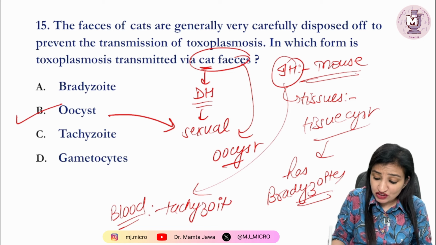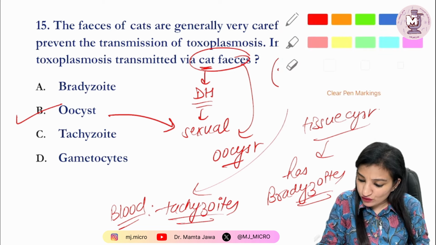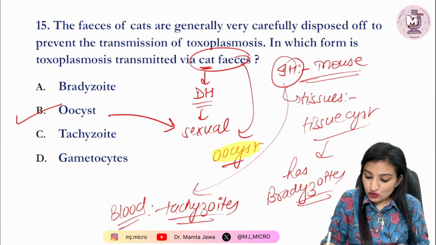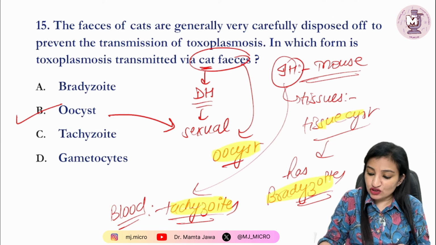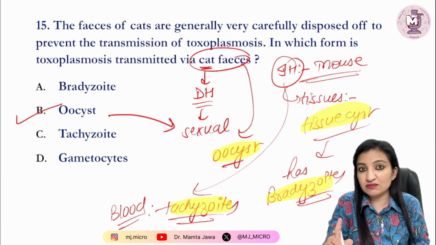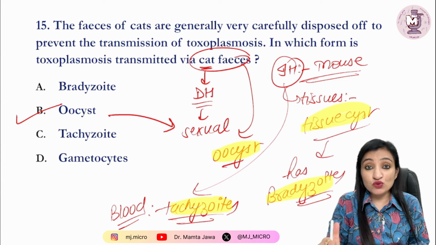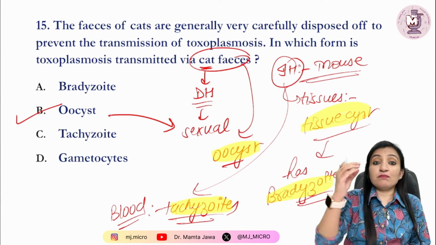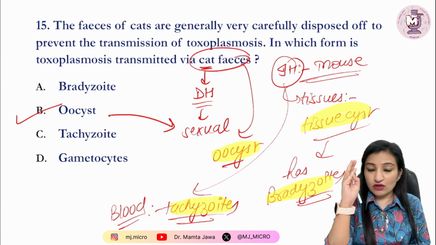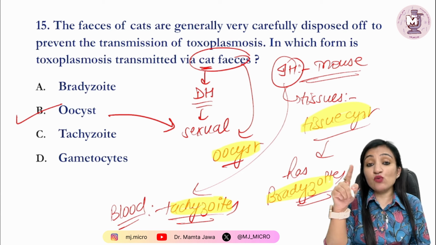The peculiar feature to remember about Toxoplasma gondii is that all of these morphological forms I have listed, whether it is oocyst, tachyzoites, bradyzoites or tissue cysts, all of them can cause infection. This has also come as a question in NEET PG and INICET. So infection can occur by ingestion of the oocyst present in the food, by blood transfusion or transplacental transmission, in which case the infective form is what? Tachyzoites.